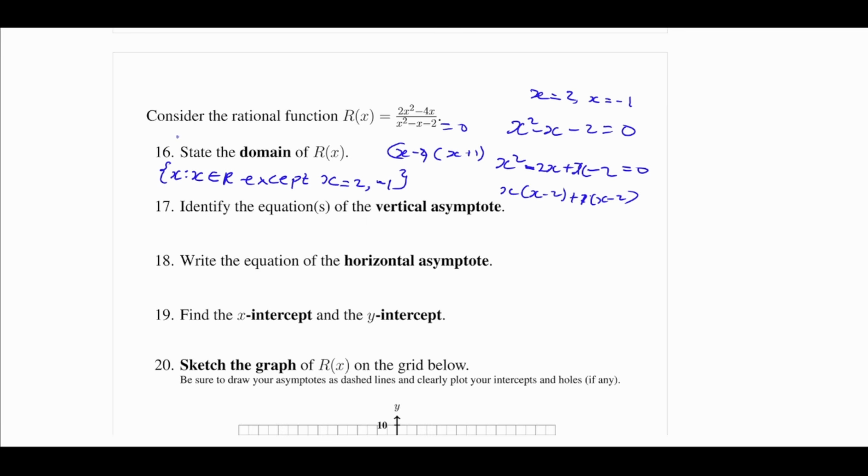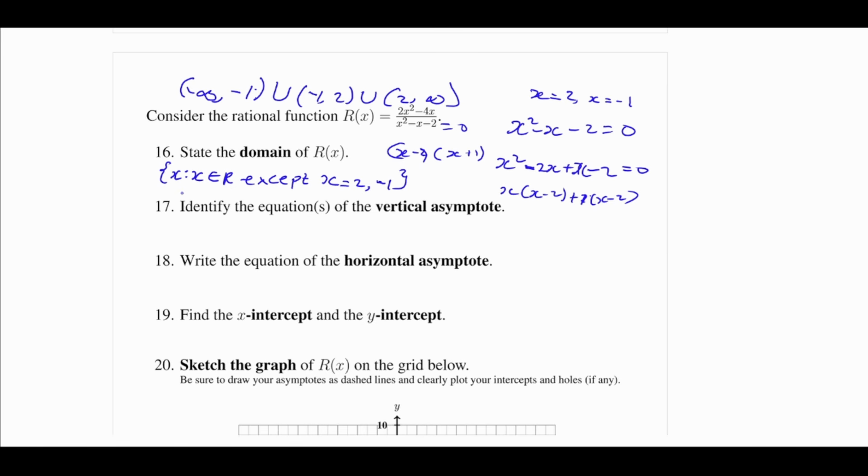So we can write that one as negative infinity to -1, because all the numbers from negative infinity up to -1, but -1 is not included, union -1 and then 2, union 2 to infinity. So this is what you can write.